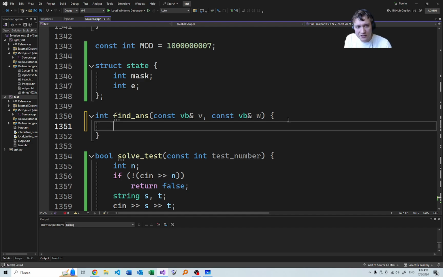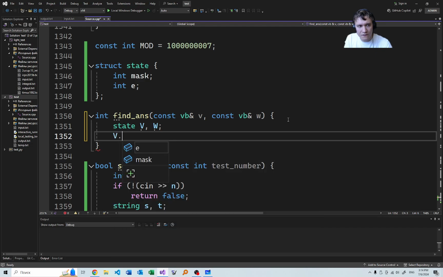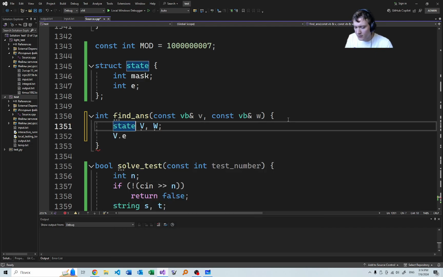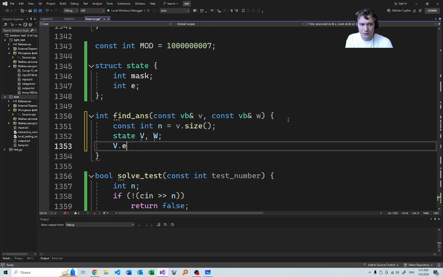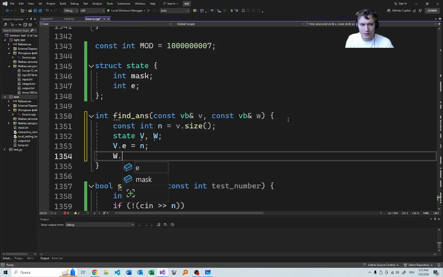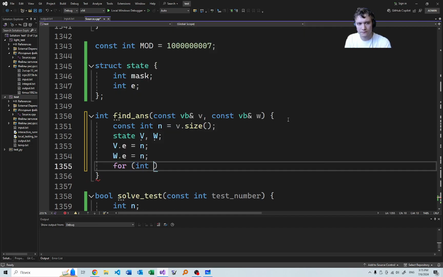Yeah. So let's make a starting state, and the finishing state. So v dot e. Let's also make n. And initially this is n and this is n.